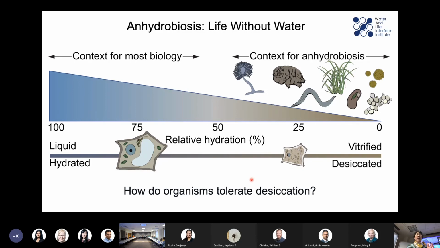And fungi like Aspergillus actually thrive under desiccation. This is why Aspergillus is such a bad food storage spoiler, because it will target dry seeds and grow in a desiccated state. And of course, some resurrection plants.